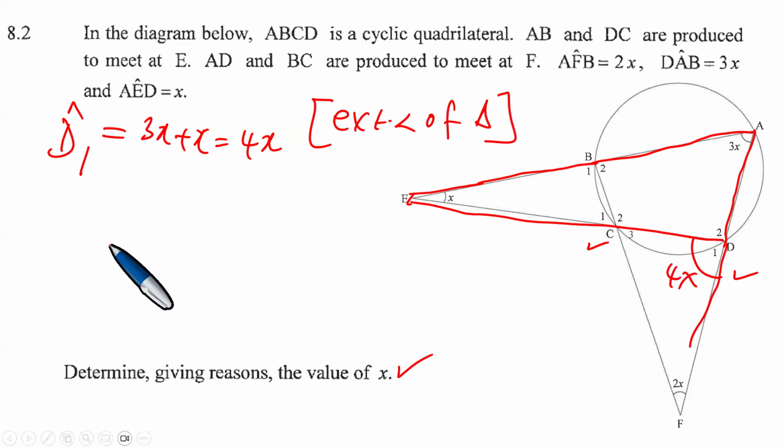Then we need to find the value of x. To find the value of x, we continue with our analysis of this question. Next, we attempt to find the angle D2.